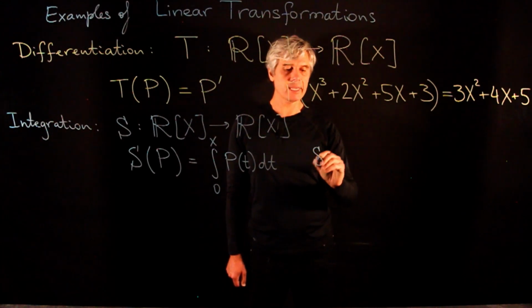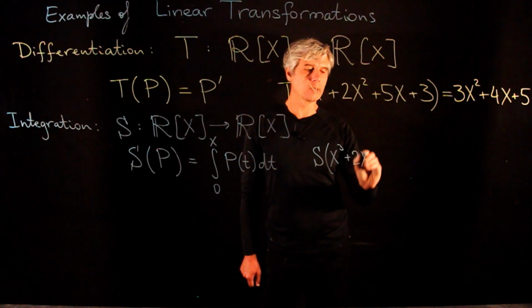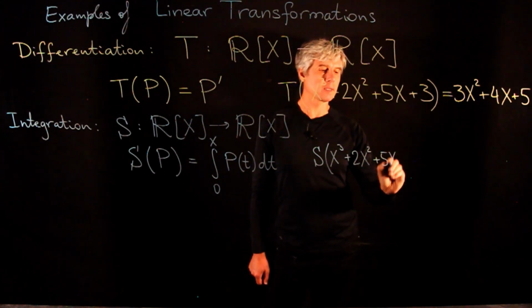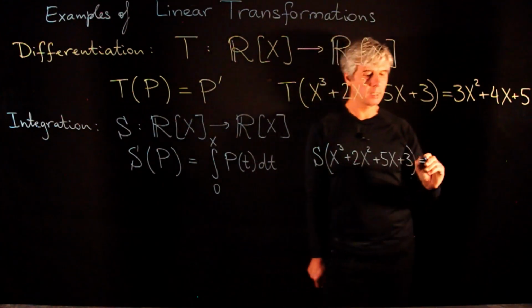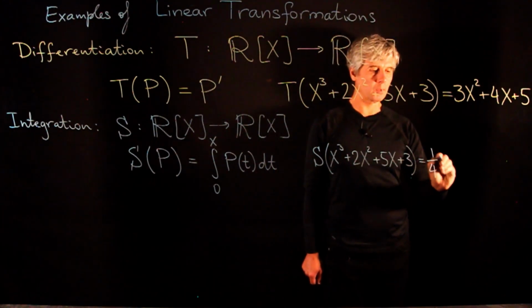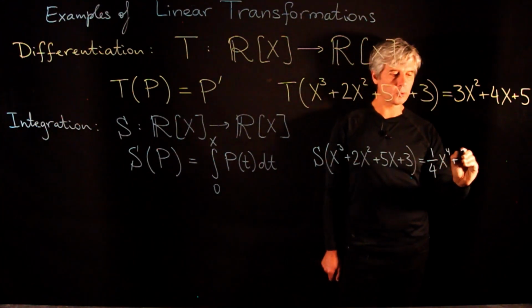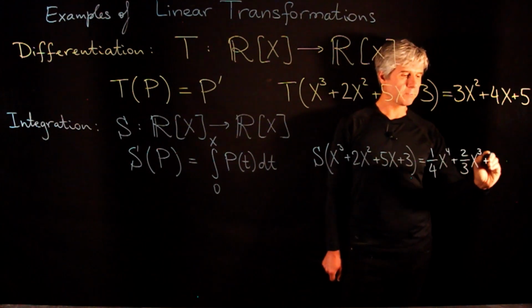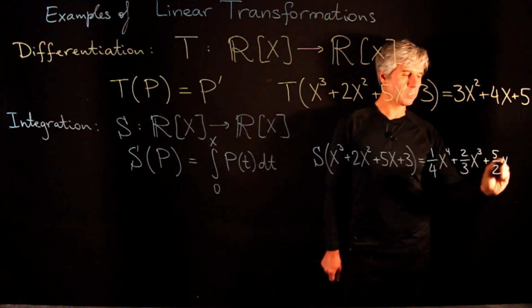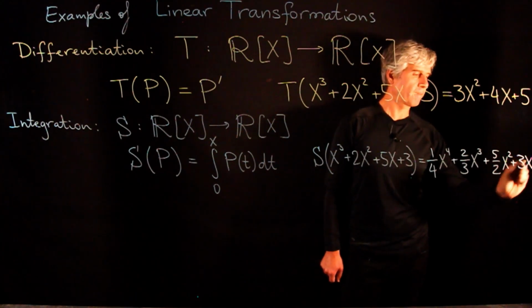This means that S of x cubed plus 2x squared plus 5x plus 3 is going to be equal to 1/4 of x to the power 4 plus 2/3 of x cubed plus 5/2 x squared plus 3x.